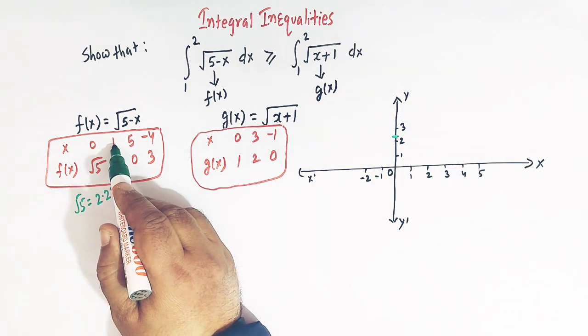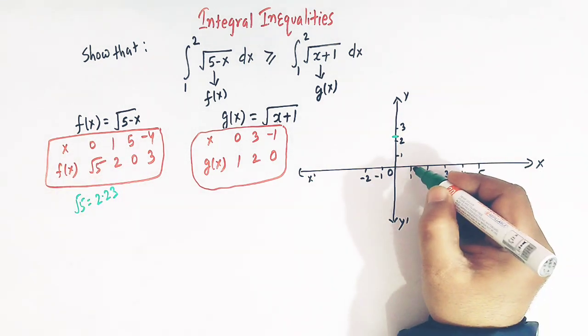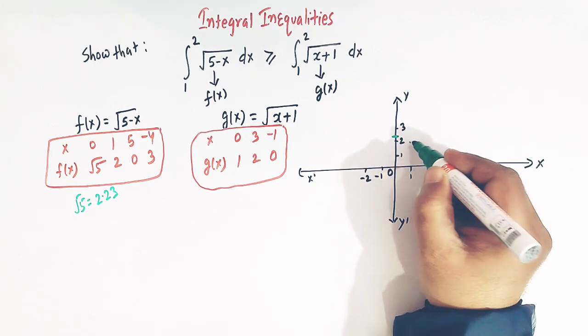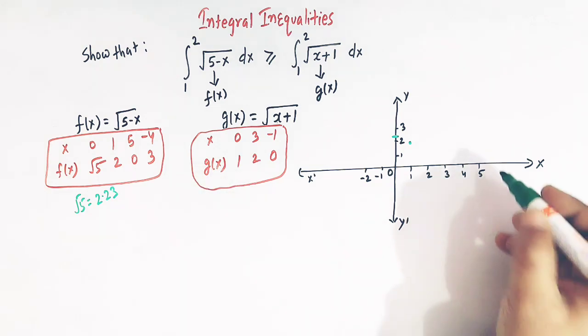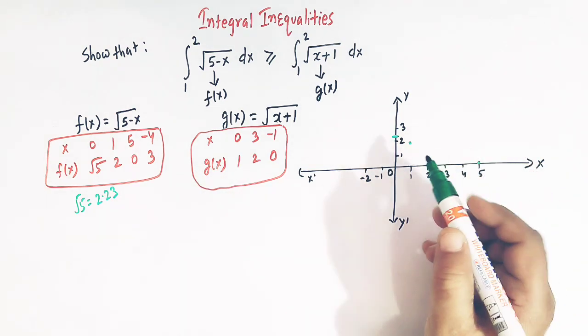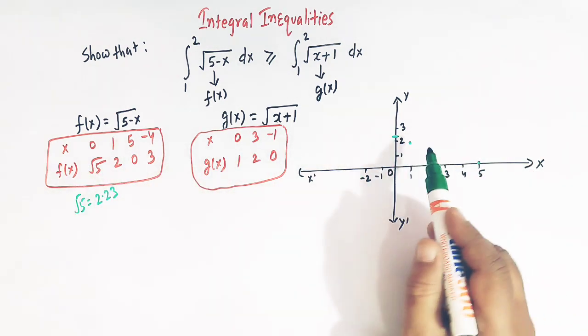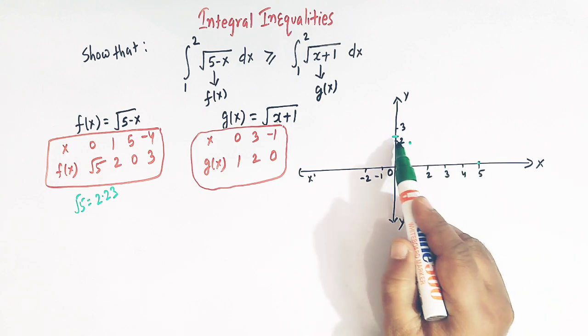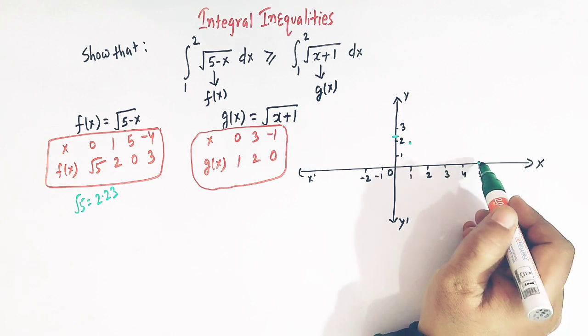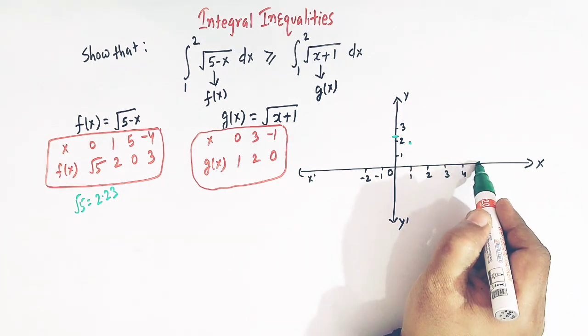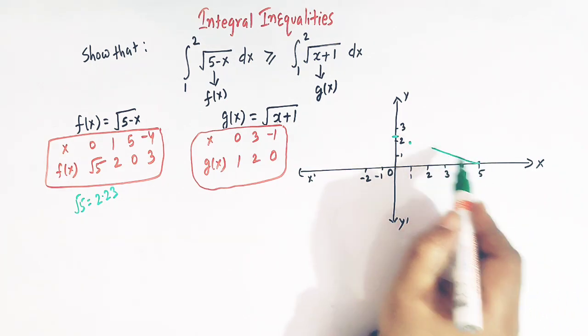Okay, then we have 1 comma 2, and here we have 1 and here we have 2, right? And then we have 5 comma 0. We are now taking only 3 points, so we have these 3 points lying on f of x. So the graph of f of x goes like this.